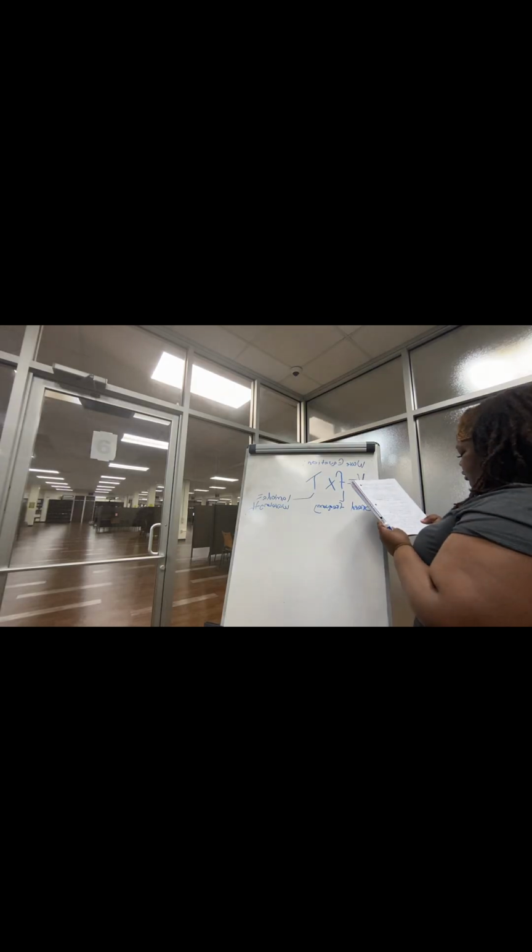Example number 2. A second wave has a speed of 340 meters per second and a frequency of 170 hertz. Find the wavelength.